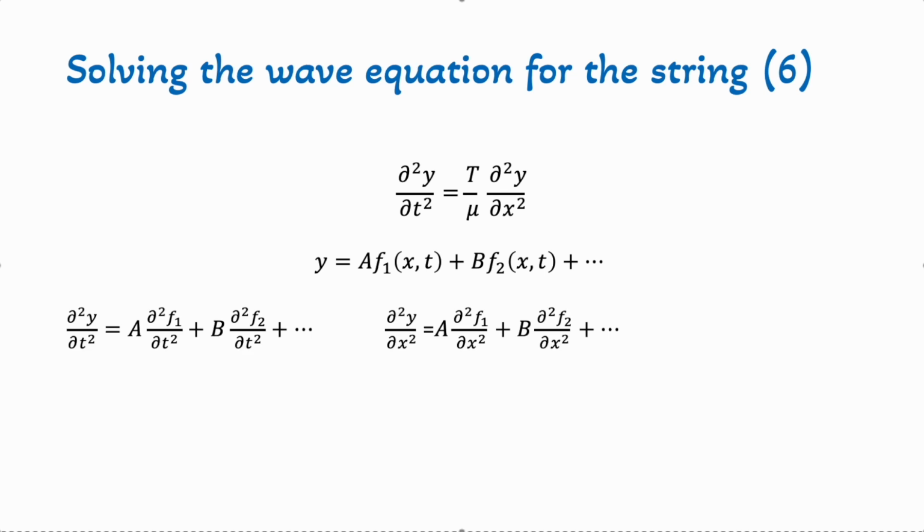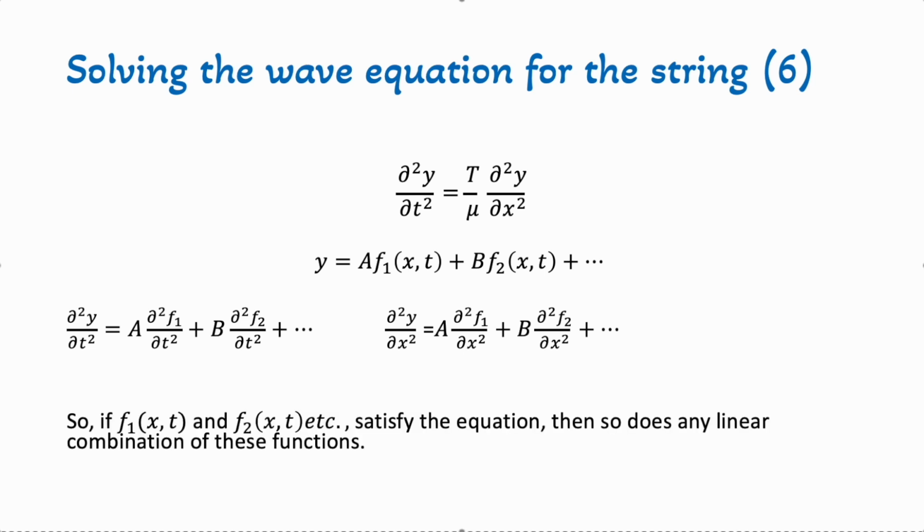So d2y dt squared is just a times d2f1 dt squared plus b times d2f2 dt squared, etc. d2y dx squared takes the same form, so provided that f1 and f2 separately satisfy our wave equation, then the linear combination of them will too.